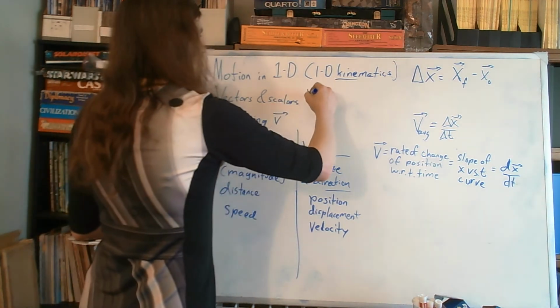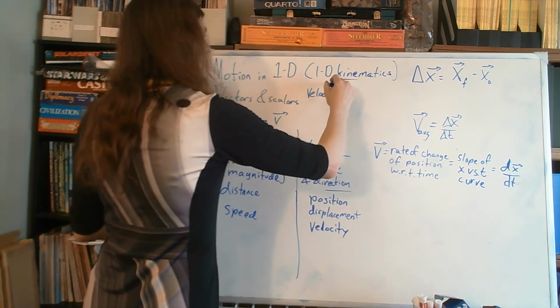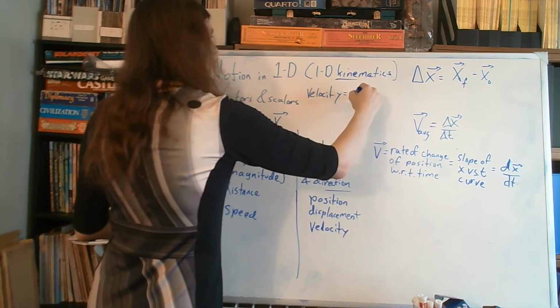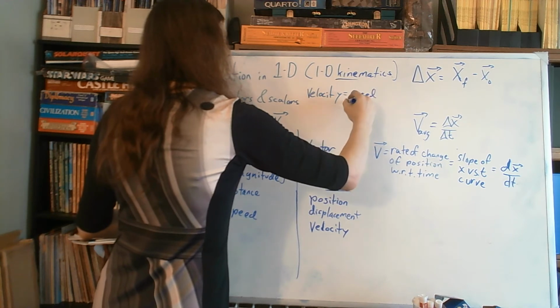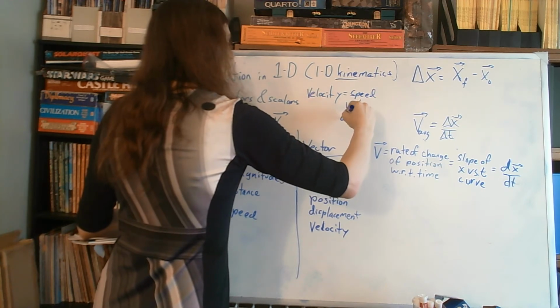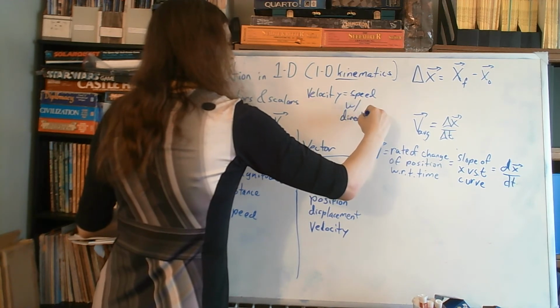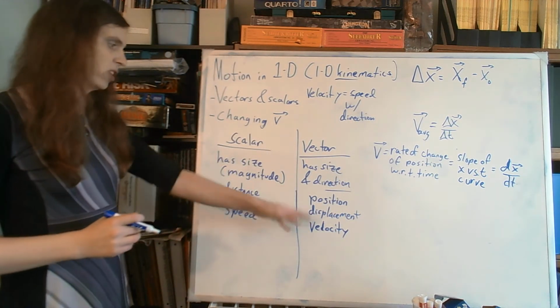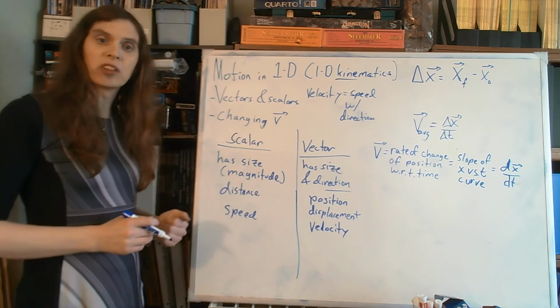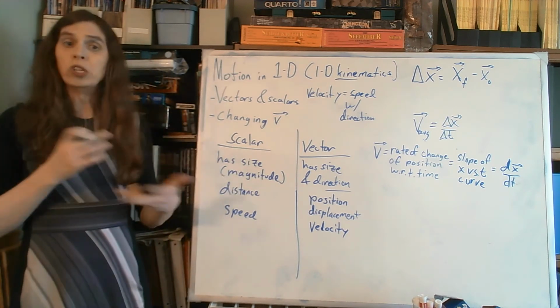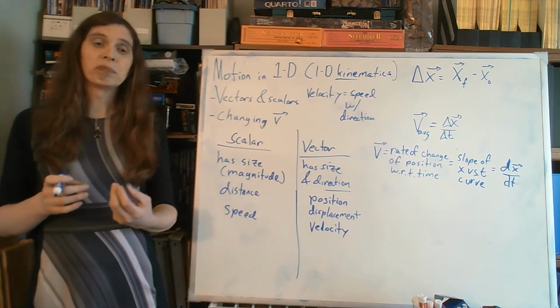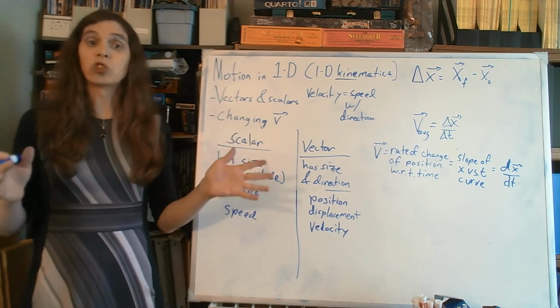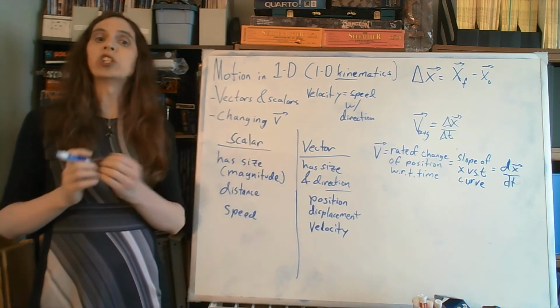So velocity is speed with direction. Velocity is a vector, speed is a scalar. We say scalar because when you multiply them by something, it doesn't change the direction of the thing, it only changes the scale.